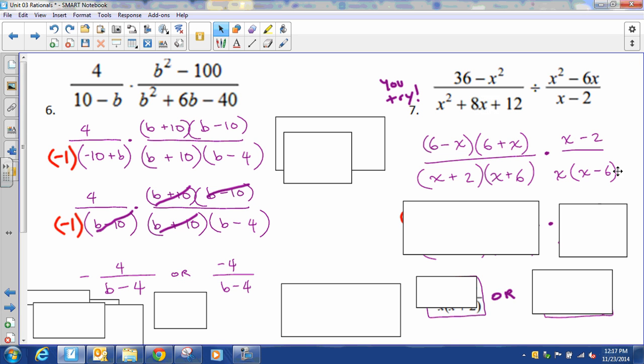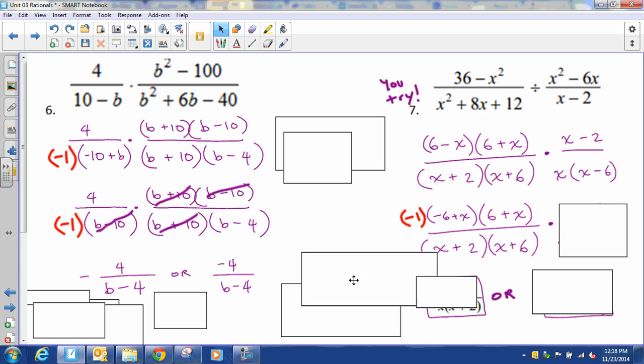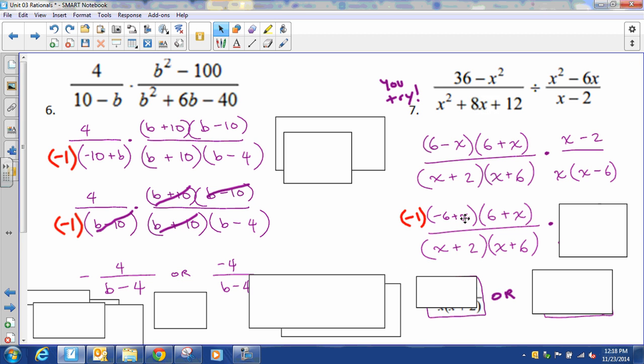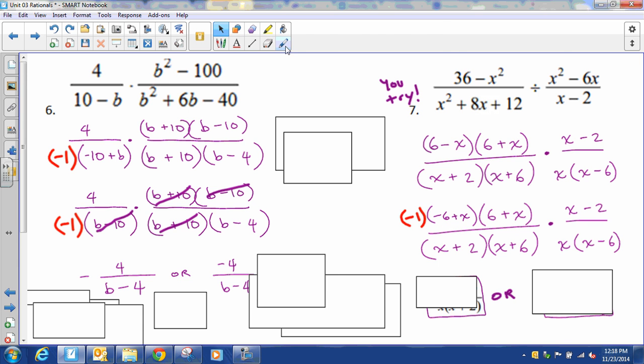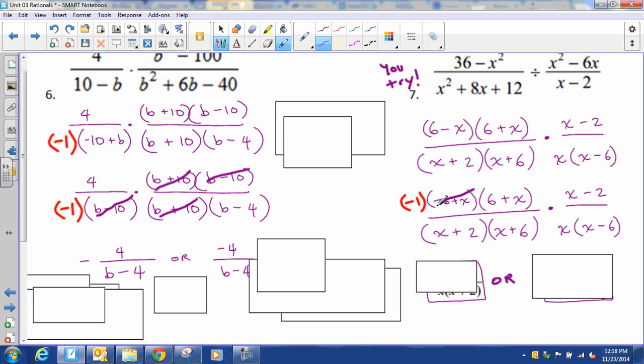I want this x minus 6 to cancel with this 6 minus x, so I need to extract the negative 1, giving me the desired order. This is really x minus 6, so we can cancel these out. We can cancel these out because addition is commutative. It doesn't matter what order it's in.